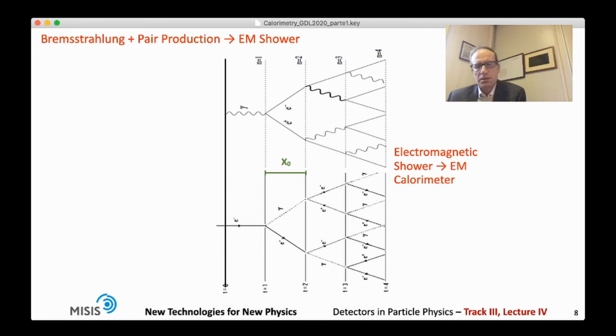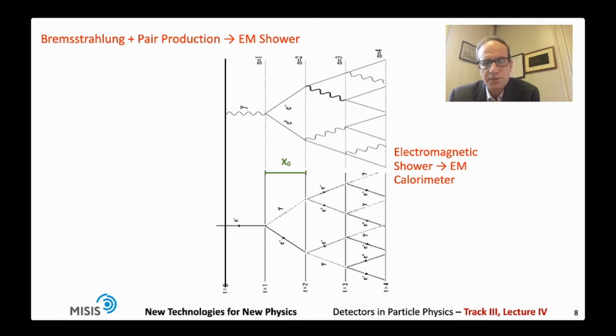As a consequence of that, we know that every X0 you typically have a degradation of the energy by a factor of 1/e, and you have a multiplication of the particles.